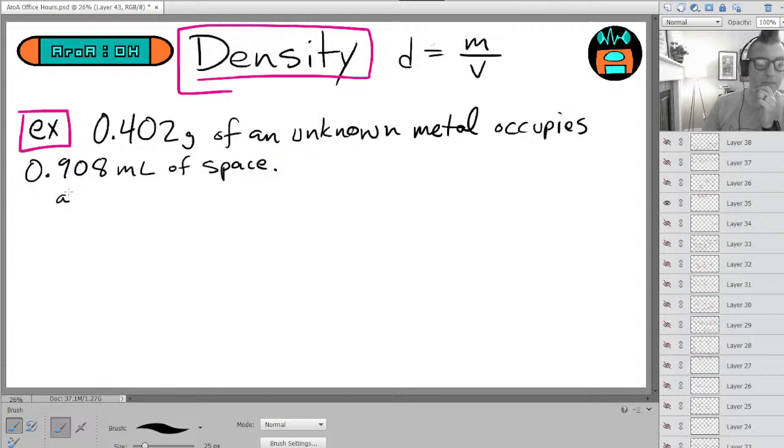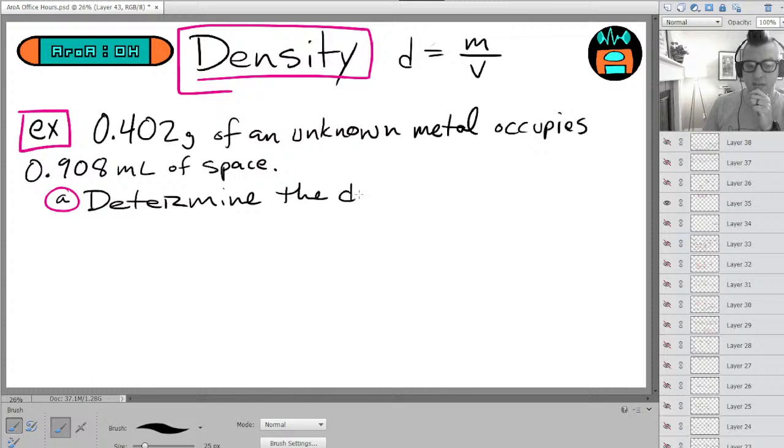Part A. Determine the density of this metal.